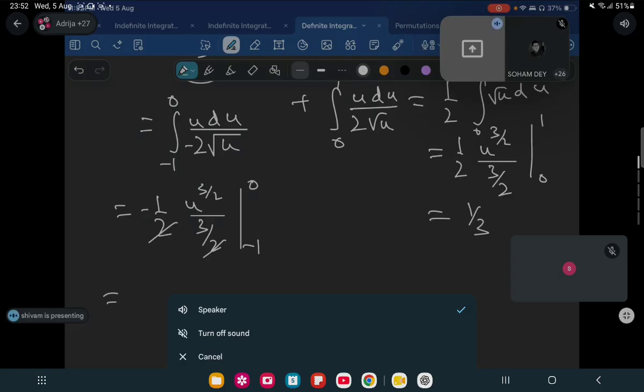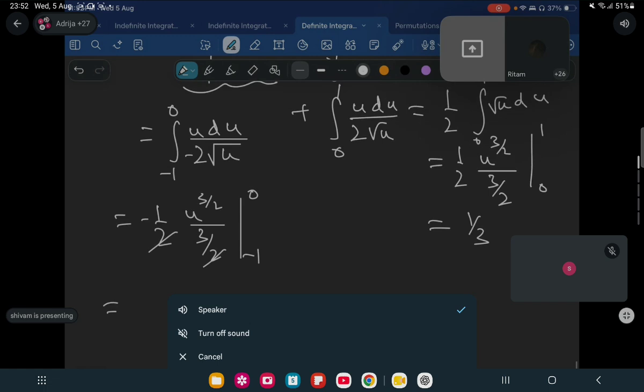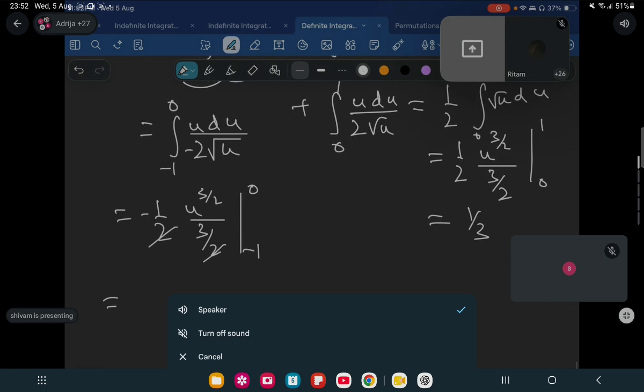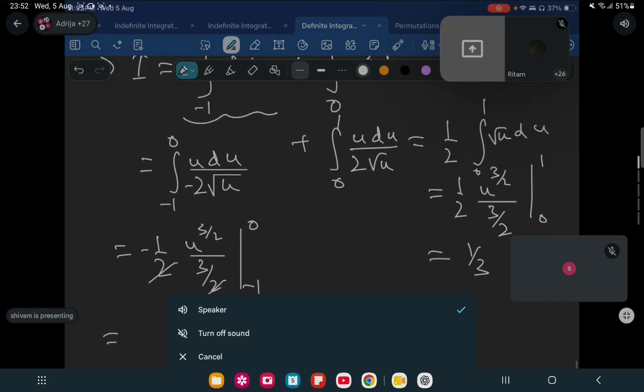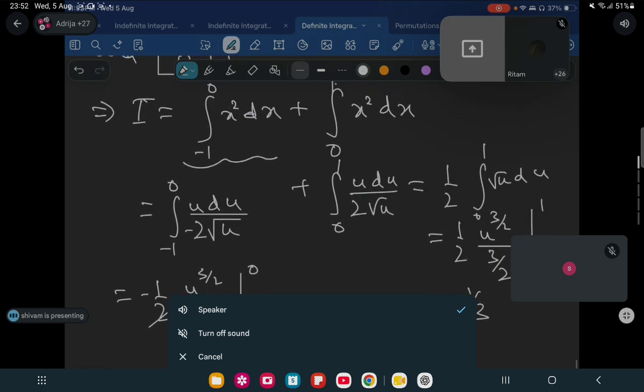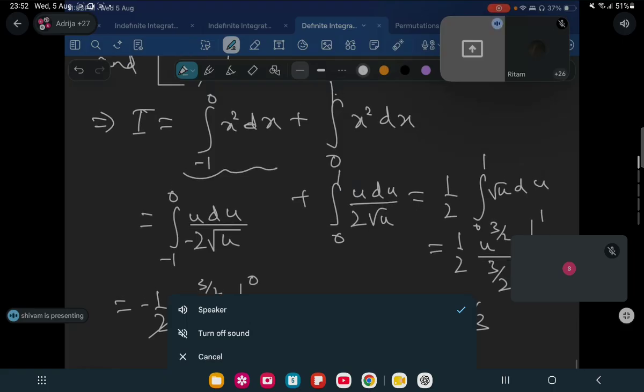Sir, wait. Can we write u to the power 3 by 2 as root over u to the power 3? In that case, we can't substitute minus 1, right? Wait a minute. Root over u we cannot substitute.